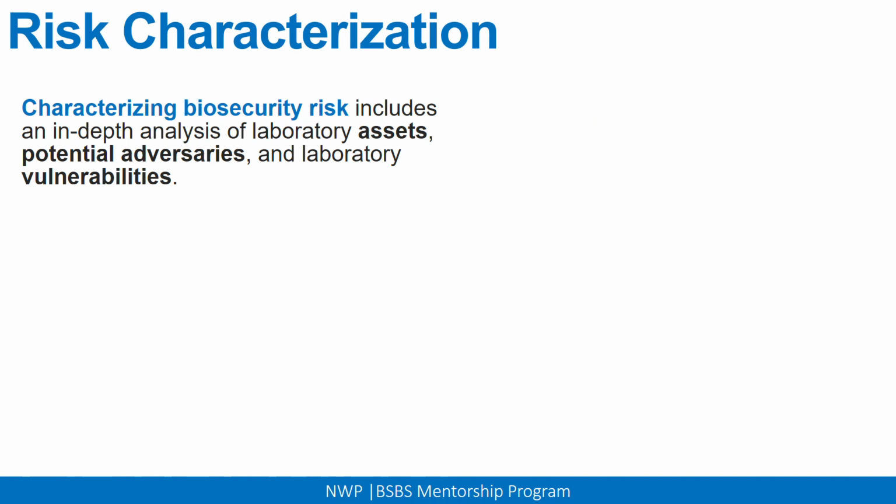So you're looking at these in detail. Characterizing biosecurity risks includes, like earlier mentioned, a more detailed analysis of laboratory assets, potential adversaries, and laboratory vulnerabilities. These three are interlinked because the asset will tell you something about the potential adversaries. The potential adversaries will tell you something about the vulnerabilities. The asset will tell you something about the vulnerabilities as well.